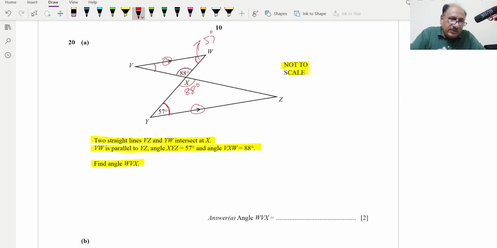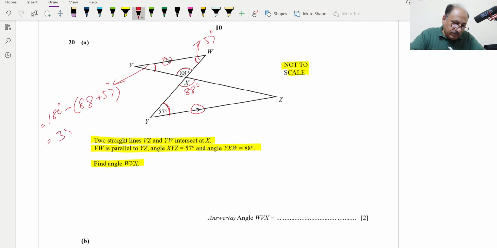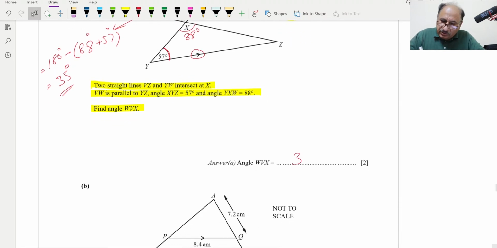And the angle V we can find as 180 minus (88 plus 57), which is equal to 35 degrees. So we can provide the answer as 35 degrees.